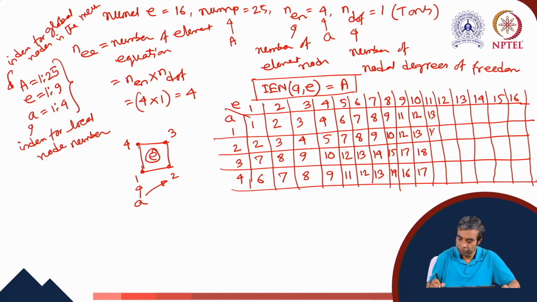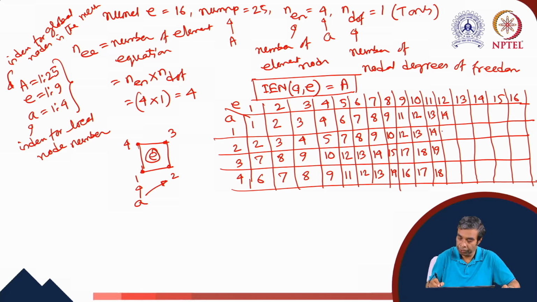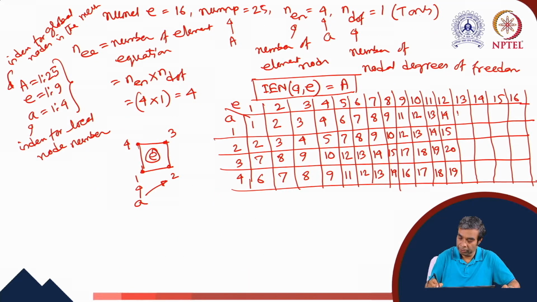For the 12th, it is 14, 15, 20, 19. Finally, we are left with the topmost row, where we have 16, 17, 22, 21.